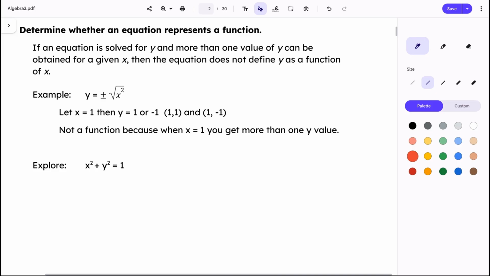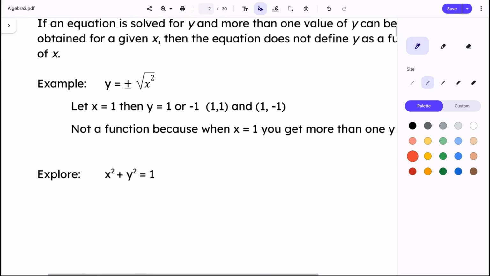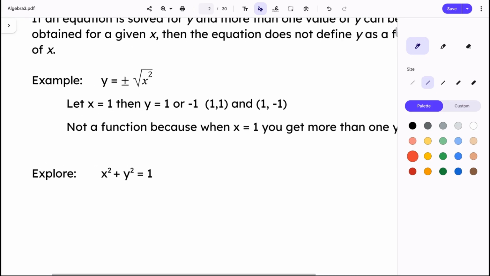So think about the example: y equals plus or minus the square root of x squared. The square root and the x squared kind of outdo each other a little bit here. But if we think about putting in a number for x, so if I wrote this as the square root of 9, what's the technical answer here for the square root of 9? 3, plus or minus 3.